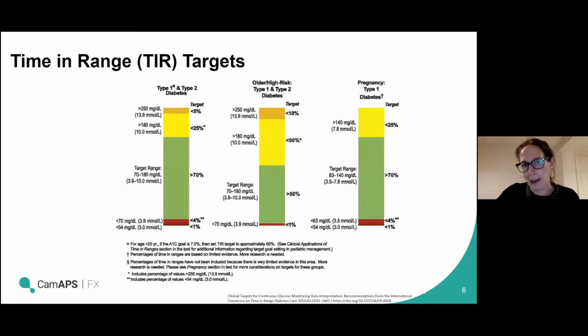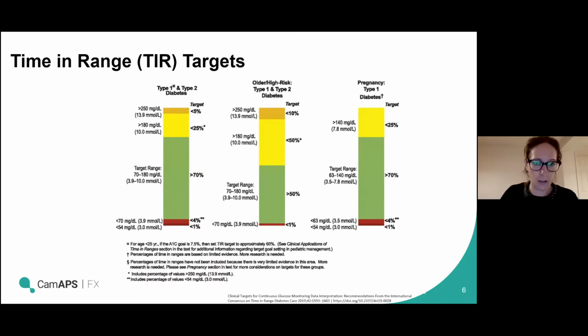So when we talk about time in range targets, these come from a very recent international consensus from leaders in diabetes who discussed and looked at the evidence for what the targets should be. You can see here on the bar on the left, these are the targets for people with type 1 and type 2 diabetes. The targets aren't meant to be achievable by everybody.